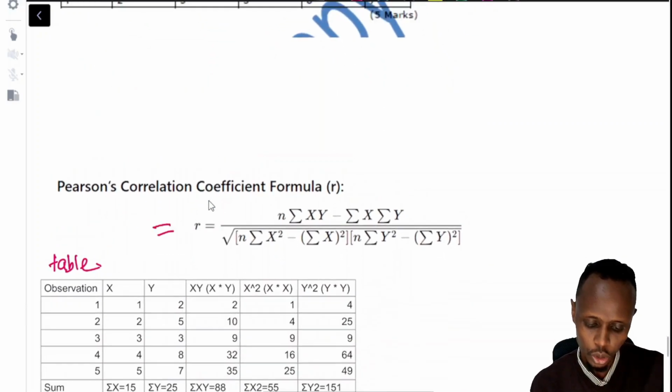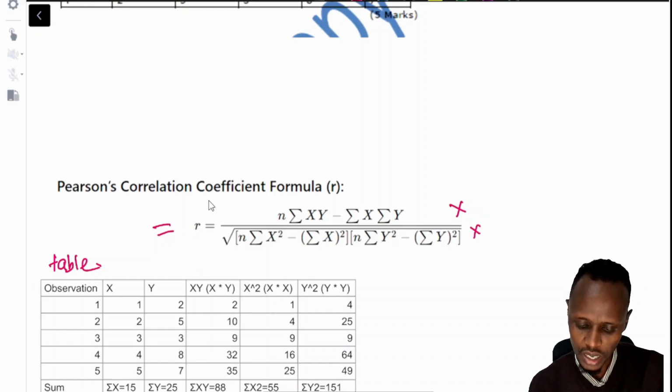So look at this question. You are told r is equal to n times the sum of xy minus the sum of x times the sum of y, over the square root of the product. Learn that.